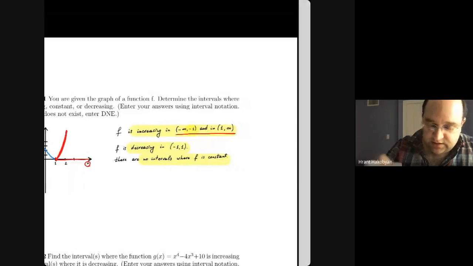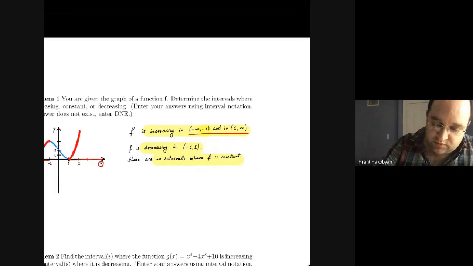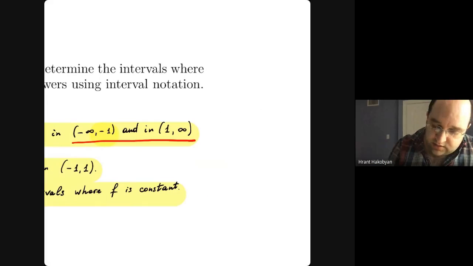If we write this using the notation we had before, we should write a union instead of "and in". So we would write negative infinity to negative 1, union 1 to infinity.